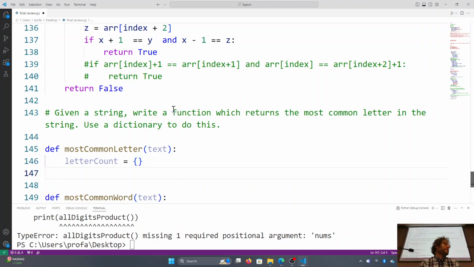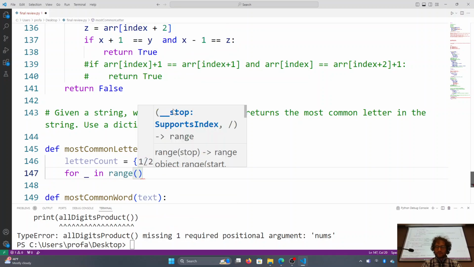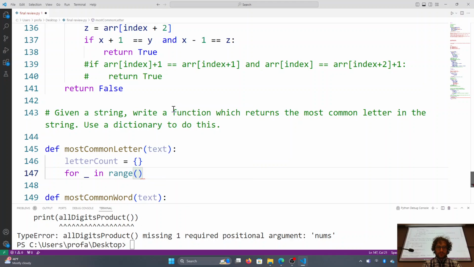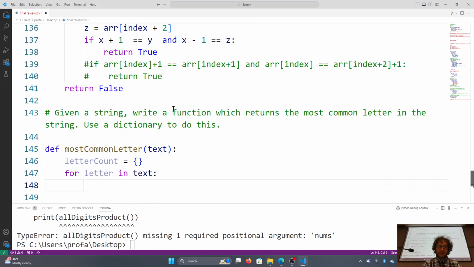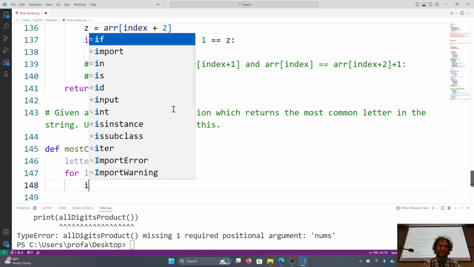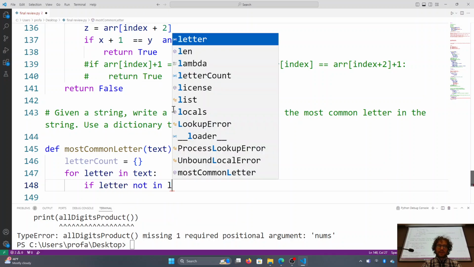Now, I'm going to do the standard form for a dictionary. For letter in text, sorry, then what are we going to do? We're going to go through those, and ask ourselves if letter not in letter count.